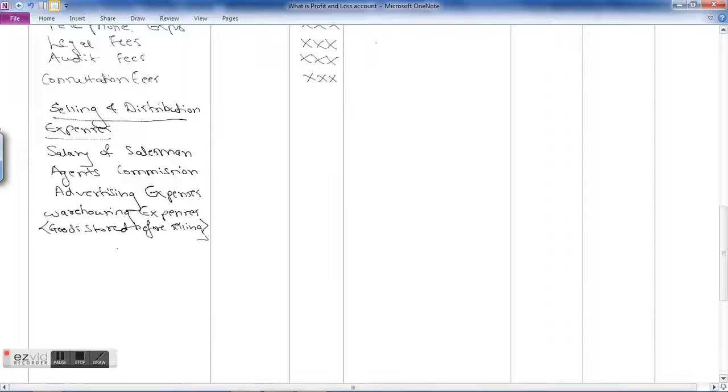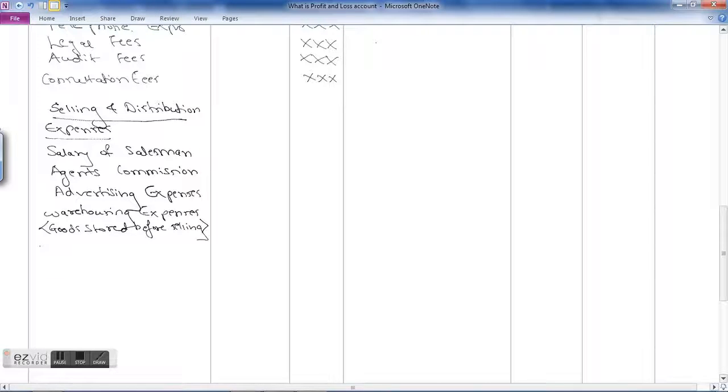There may be some delay or the ship may start in some 4 or 5 days, then you may have to incur some warehousing expenses. You may have to take out the goods from the factory and keep it in the shipping warehouse for 4 or 5 days. So all those expenses will be included in selling and distribution expenses.